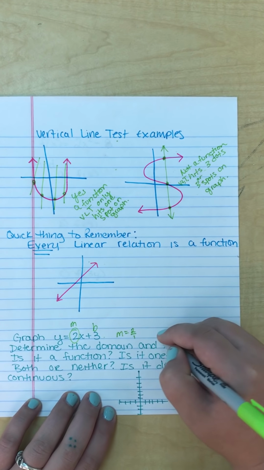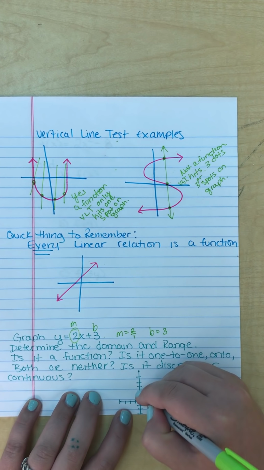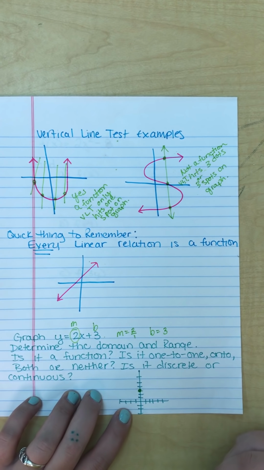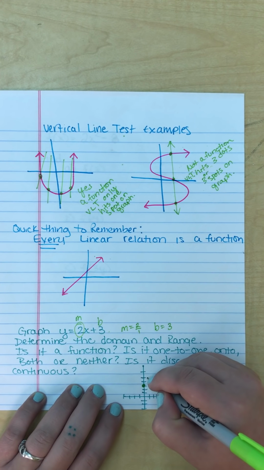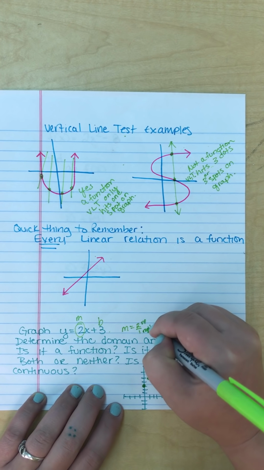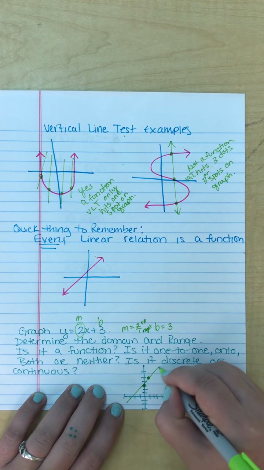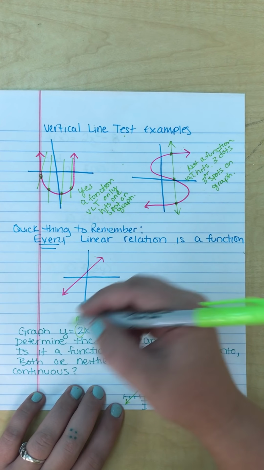Your b or your y-intercept is 3. That means we go up to 3 on our graph, put a dot, and then from there we go up 2 and right 1 because our slope says go up and right. And here's my graph right here. So we graph that.